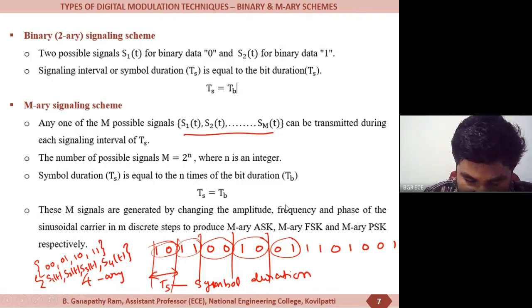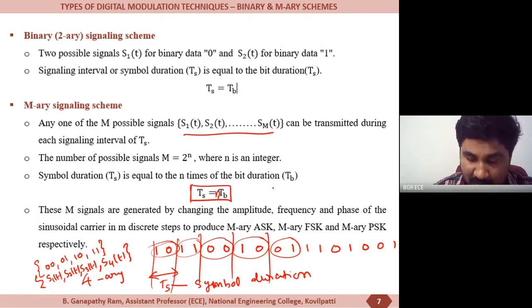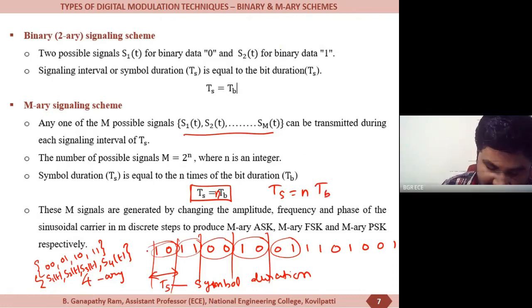And generally, Ts will be equal to N into Tb, because Tb represents the time duration to transmit one bit of information. But here, in this 4-array case, we have 2 Tb for 1 Ts.